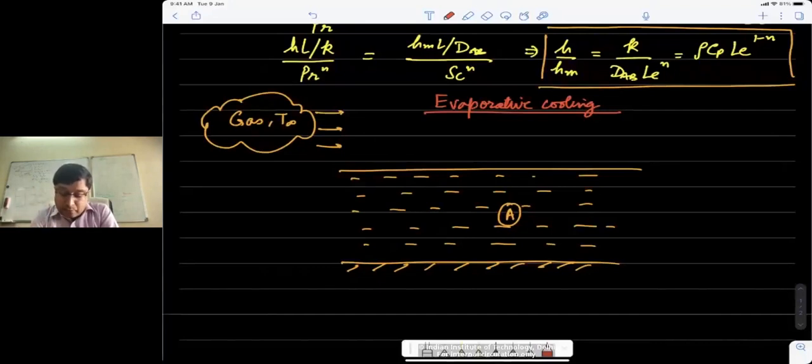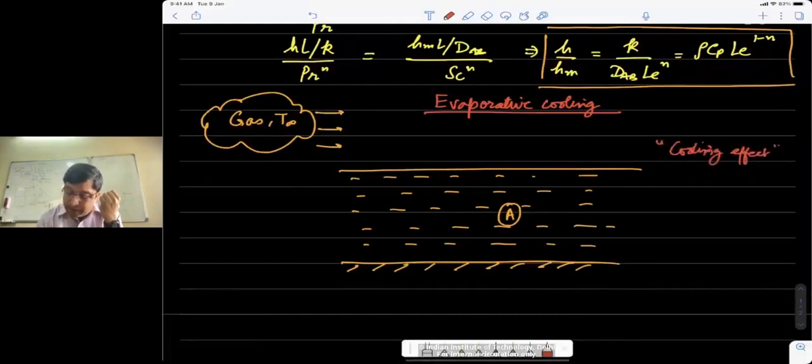So the liquid evaporates, and consequently that energy comes out from the liquid itself, so the rest of the liquid cools down. There is a cooling effect because the liquid evaporates and the vapor, which has a higher enthalpy, takes away that amount of energy with it.